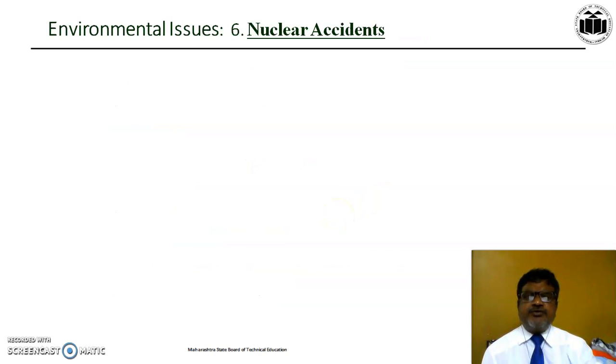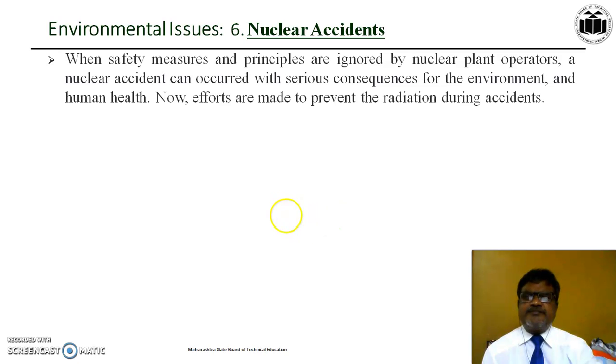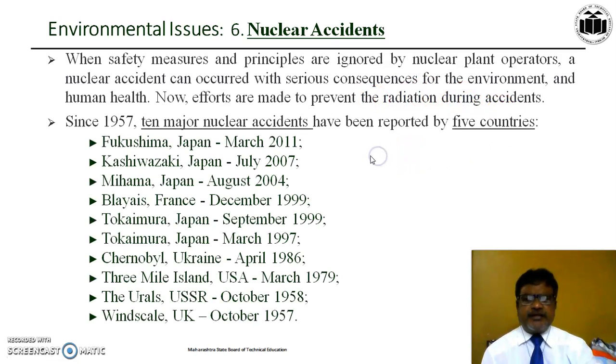Now the next issue is nuclear accidents. When safety measures and principles are ignored by nuclear plant operators, nuclear accidents can occur with serious consequences for the environment and public health. But now efforts are being made to prevent radiation during an accident.